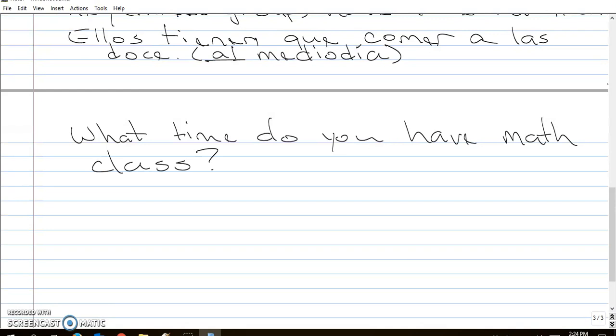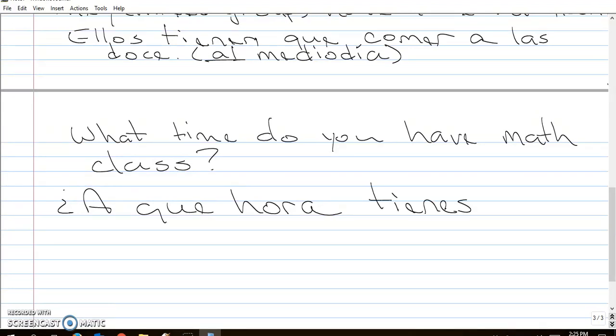So, what time? At what time does something happen? So we'll start off with a qué hora? At what hour do you have? We're assuming you're talking to a friend about classes. So, tienes, you have math class, la clase de matemáticas.